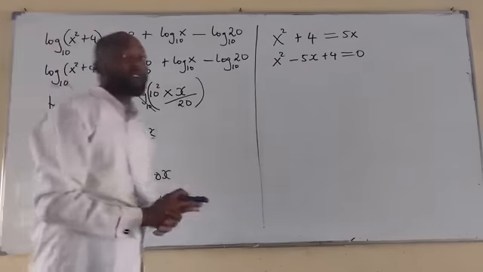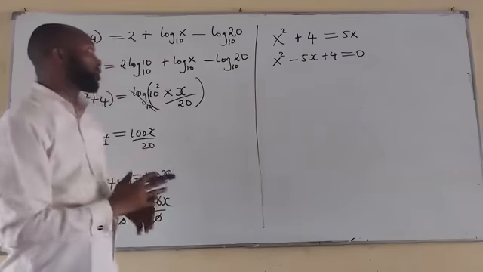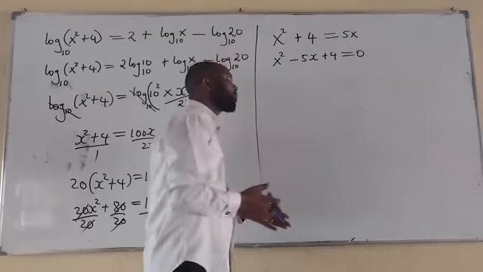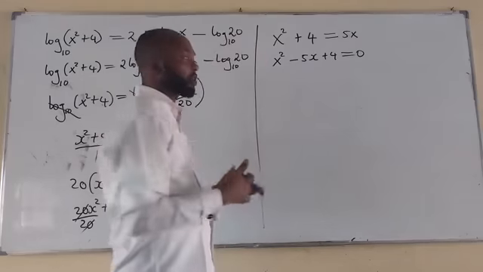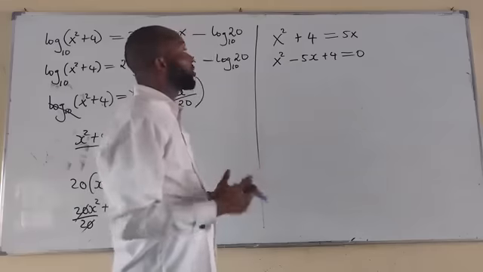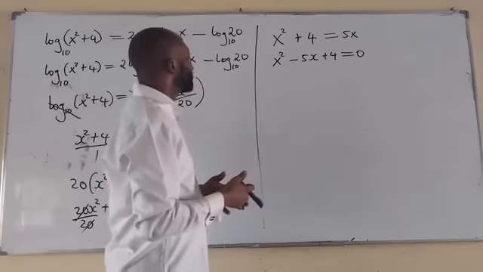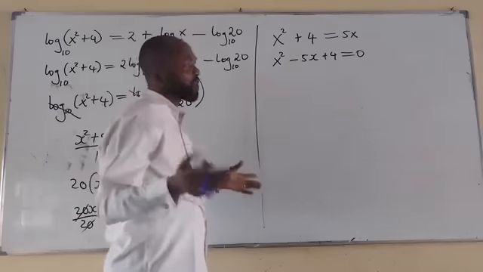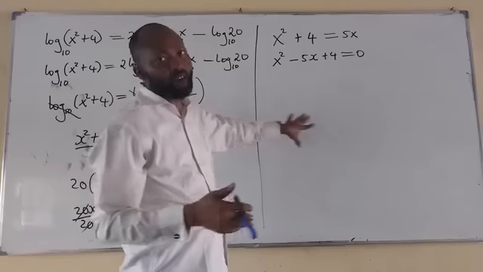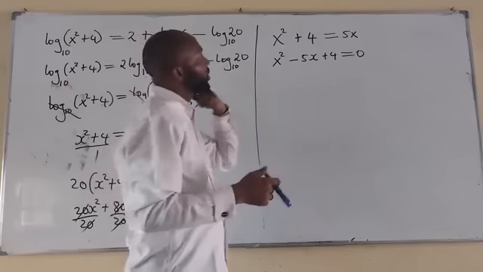To solve quadratic, I know I have not treated quadratic around, but with time we're going to do that. But we have various methods which we can use. We can use the formula method, factorization method, completing the square method, we can even use the graphical method. But let me use maybe the factorization method and see the best I can explain it for now, because this is not a video for quadratic equation. Okay.